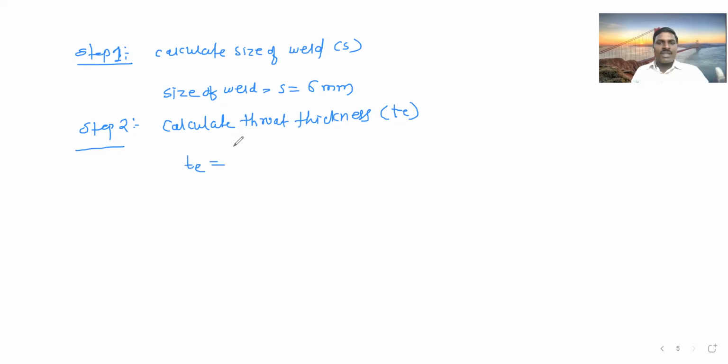In the butt joint or groove joint, there is a separate formula, and for the fillet weld there is a separate formula. What is the formula for fillet weld? 0.7 into S. Correct. So this is the formula for the fillet weld. S is how much? 6 mm. So 6 into 0.7 is 4.2 mm, the throat thickness.